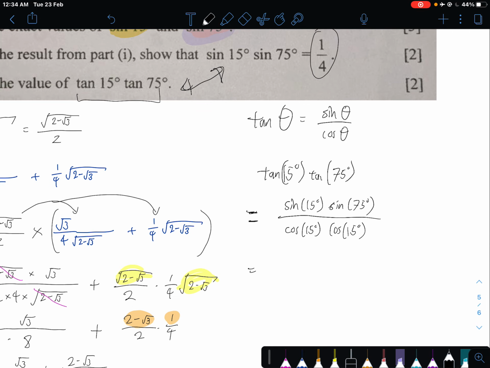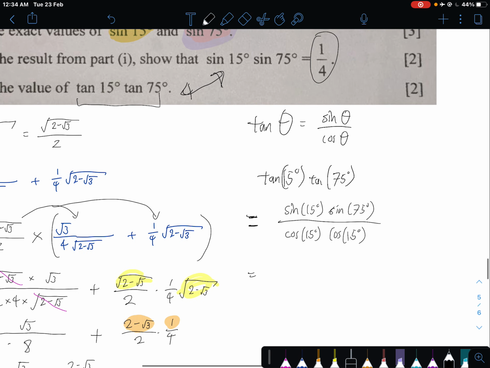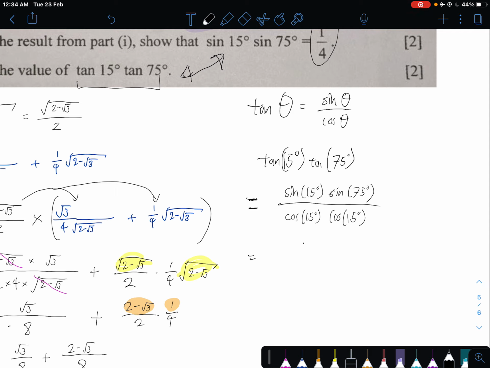We simply have tangent substituted with sine over cosine. But notice that the numerator, sine 15 times sine 75, we already found out. But what about the cosine 15 degrees and cosine 75 degrees? Sorry, this should be a 75. My bad.